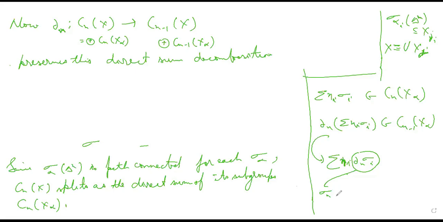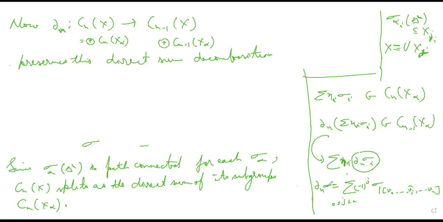If you recall, boundary n sigma is simply the summation over j from 0 to n of minus 1 to the power j sigma restricted over p naught through the j-th face to vn. So sigma restricted over faces, boundary faces.